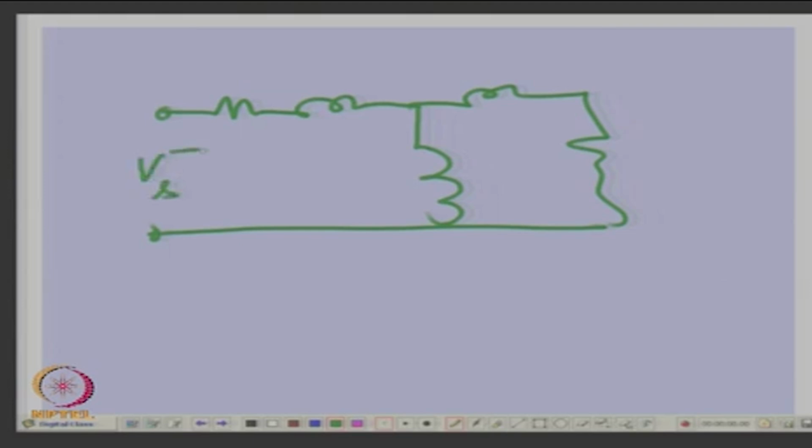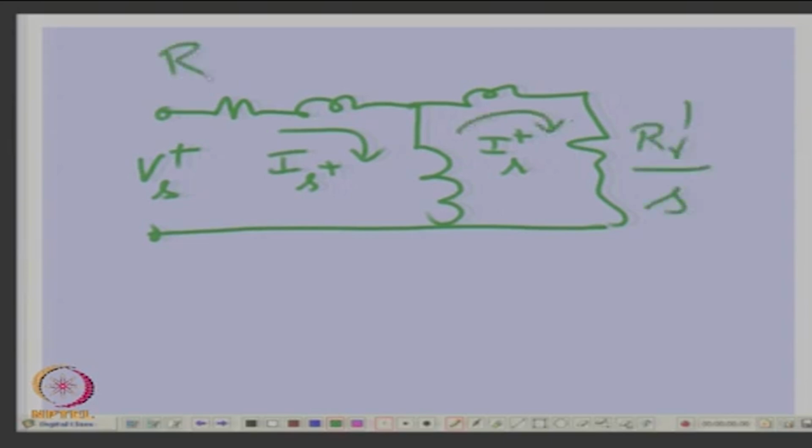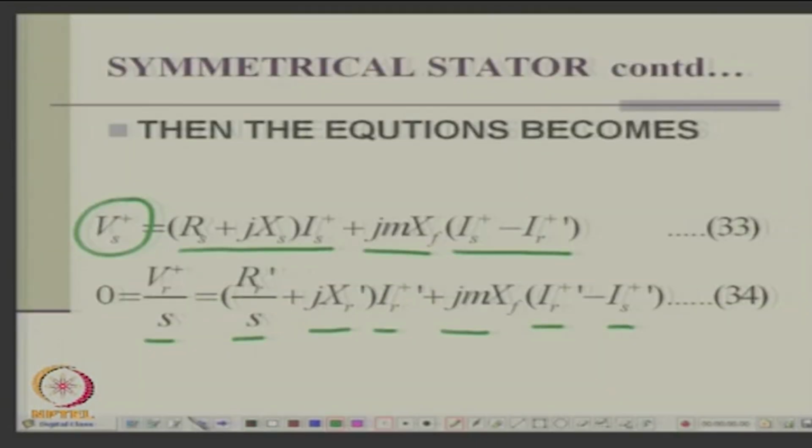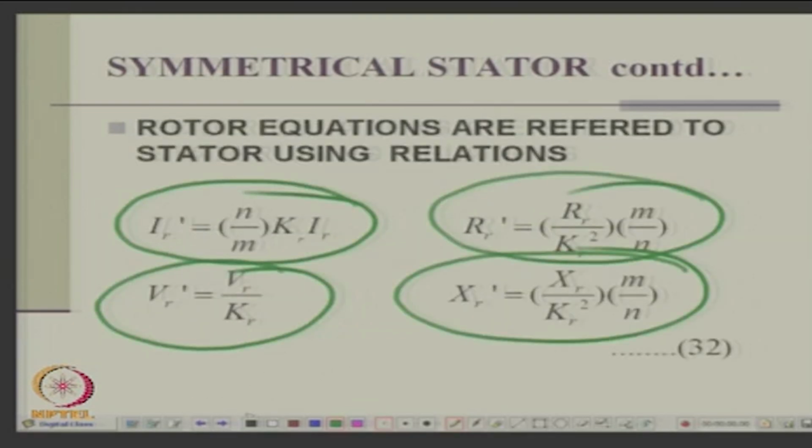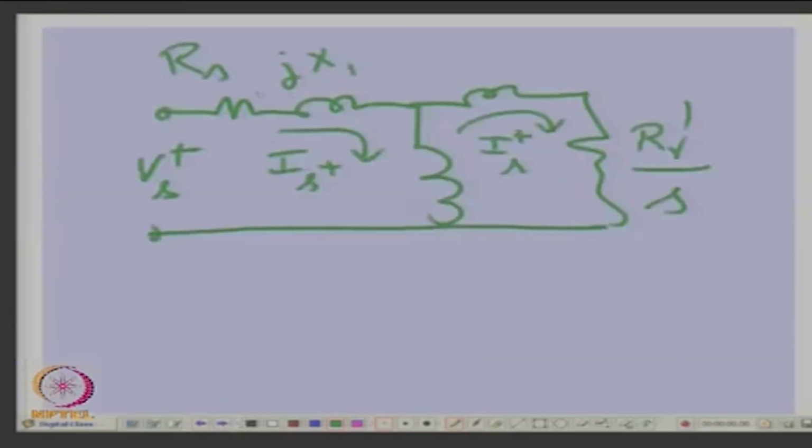This is Vs plus, the positive sequence voltage, and Is plus, Ir plus, Rr dash by S, Rs, Jxs, Jxr, and what is this? J times Mxf.